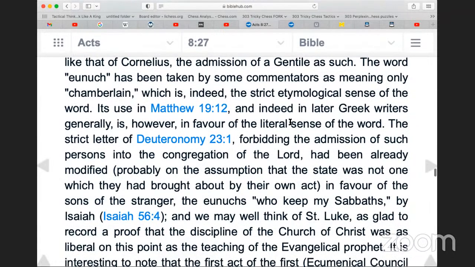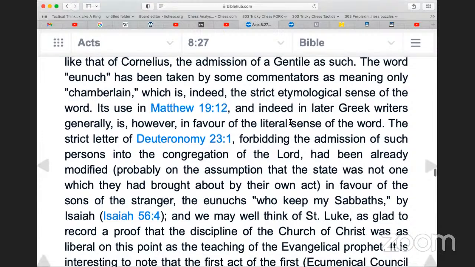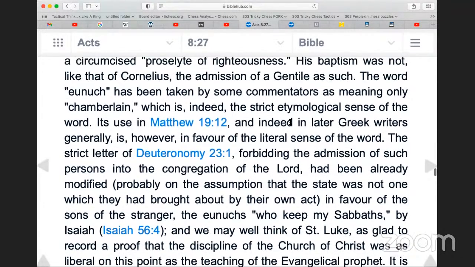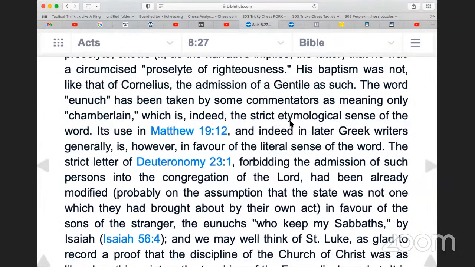Its use in Matthew 19:12, and indeed in later Greek writers, generally is, however, in favor of the literal sense of the word. The strict letter of Deuteronomy 23:1, forbidding the admission of such persons into the, so let's see this right here.